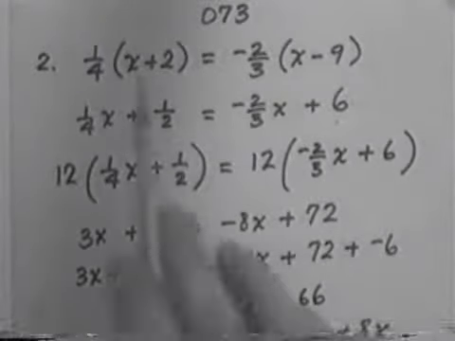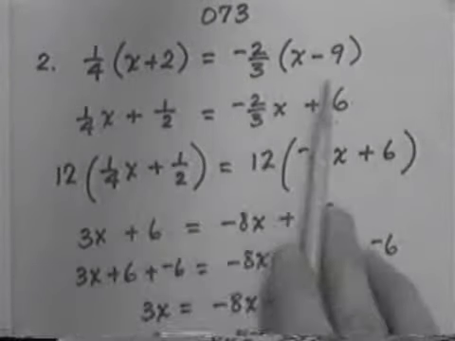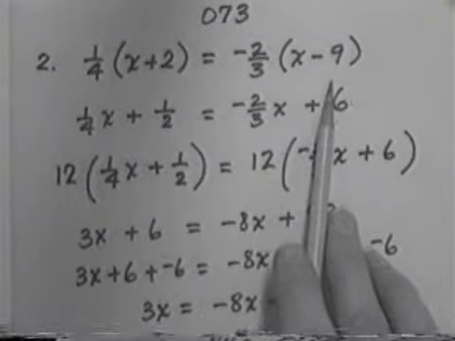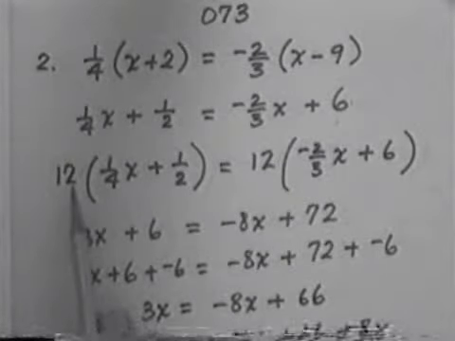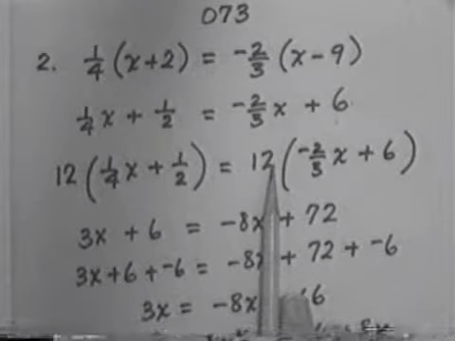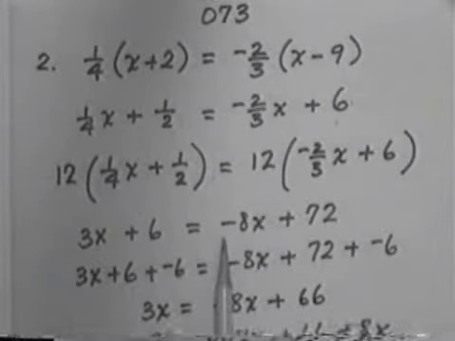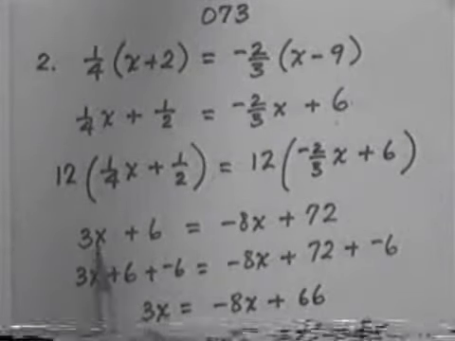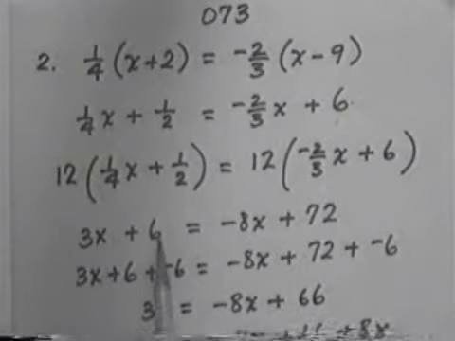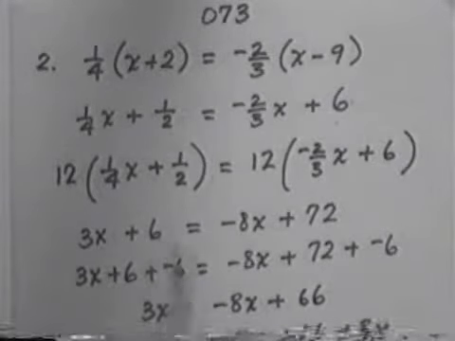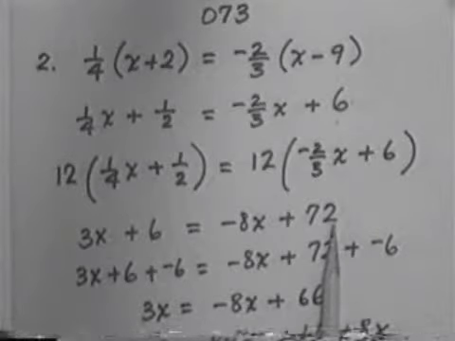We begin by simplifying both sides of the equation. We multiply by the least common denominator of all the fractions to eliminate fractions. At that stage, we have variable and constant on the left, variable and constant on the right.